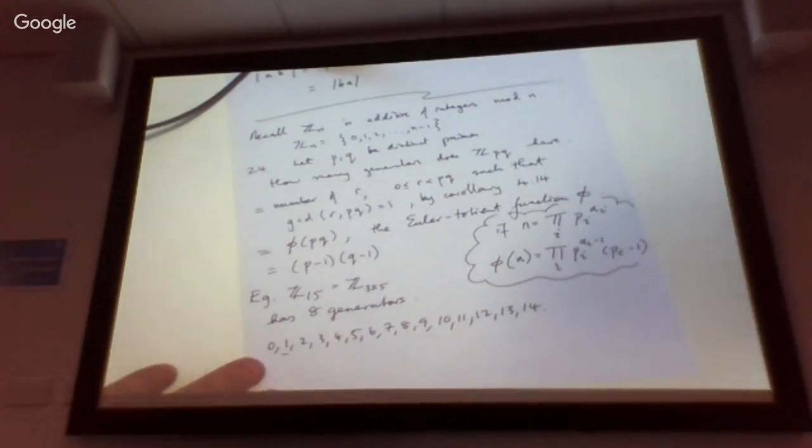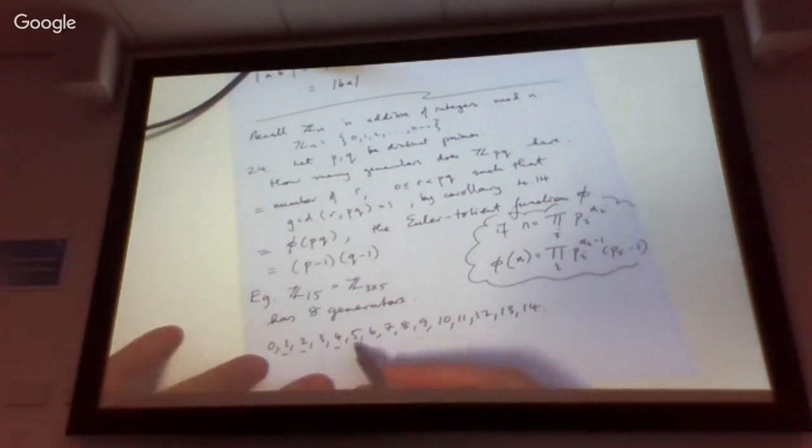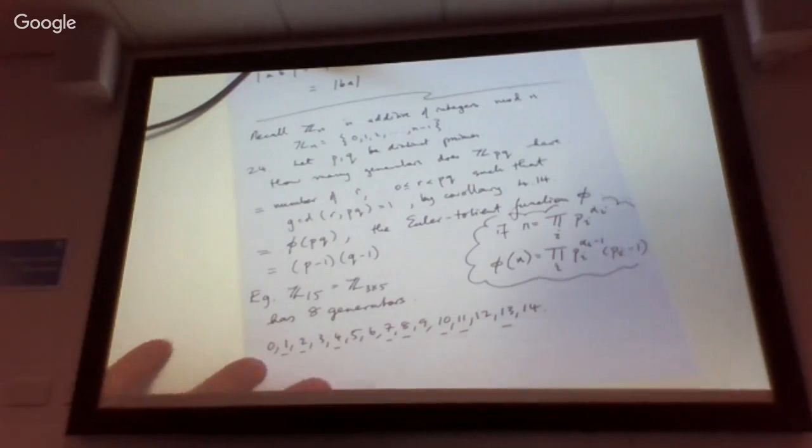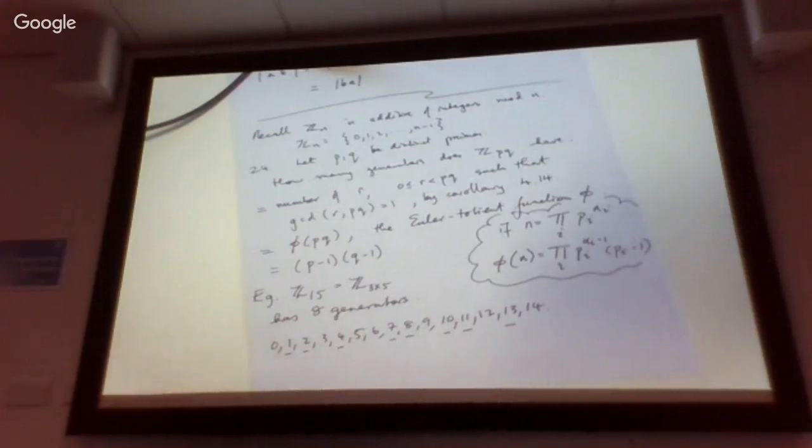So the question I was looking at then was the ones after 23. Question 24. Let P and Q be distinct primes. How many generators does Zp have?